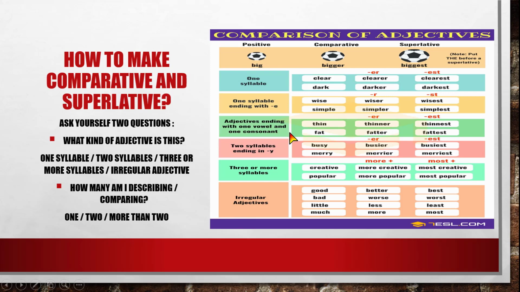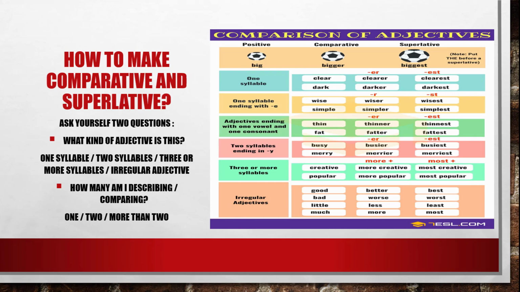Vowel plus consonant. Okay, what about the two-syllable ending? The two syllables ending in Y: any adjective with two syllables where the last letter is a Y, you cross out the Y and replace it with I and then add ER or EST.